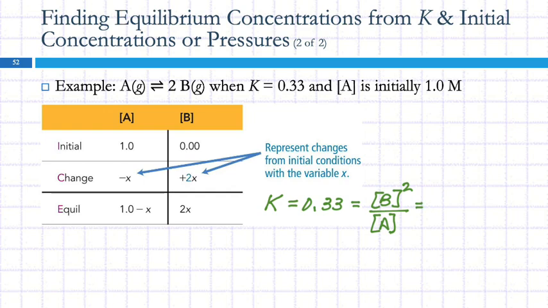So B is 2X, and the concentration of B has to be squared. And the concentration of A in the denominator is 1.0 minus X. So that looks like fun, doesn't it?